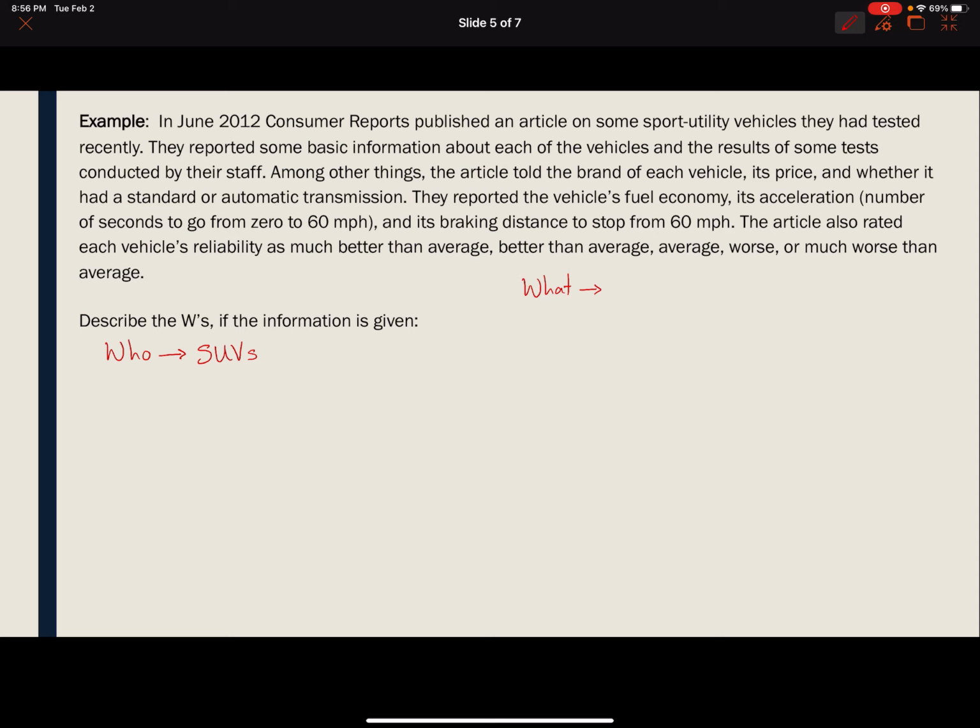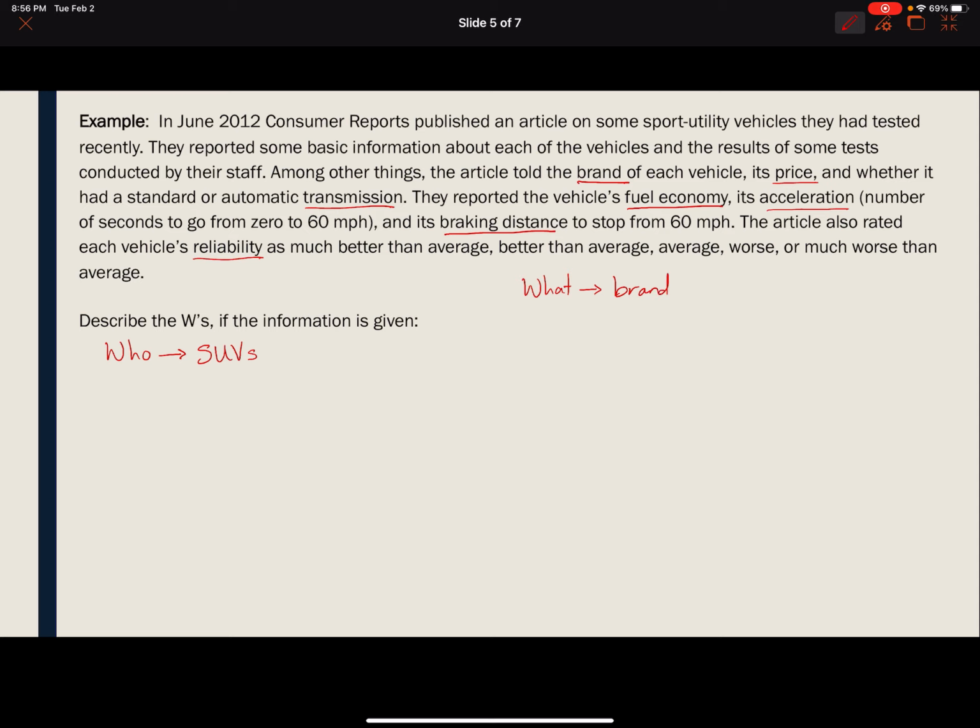So the variables we have: the brand, the price, the transmission, the fuel economy, the acceleration, the braking distance, and the reliability. Let me write those out.